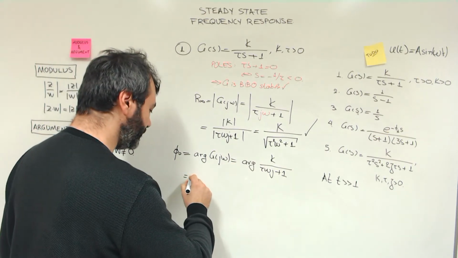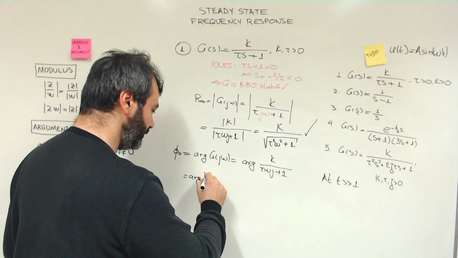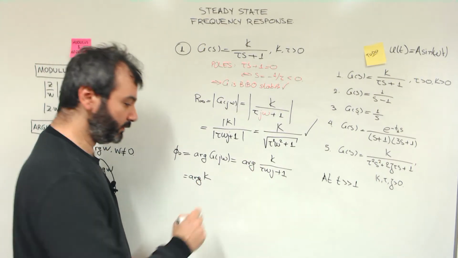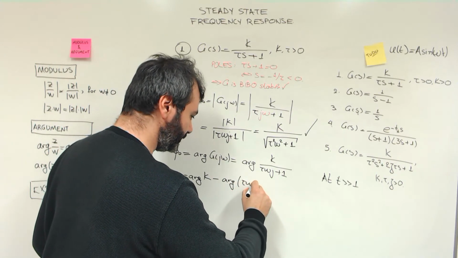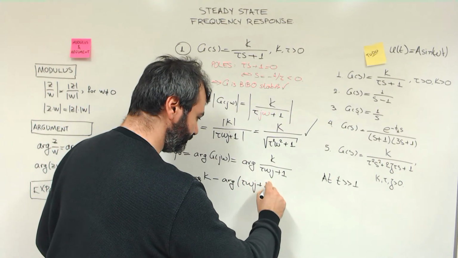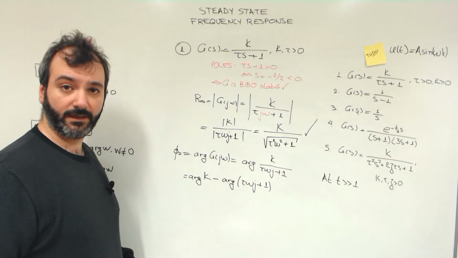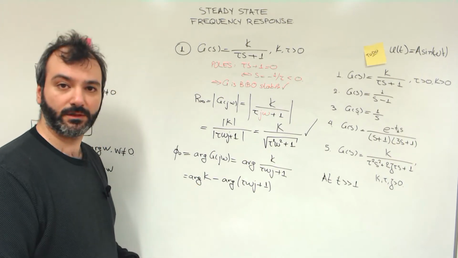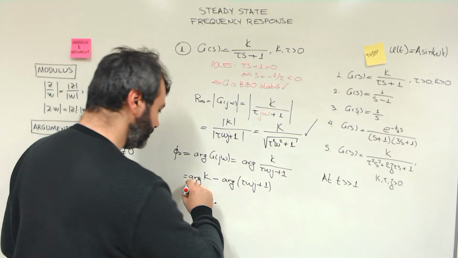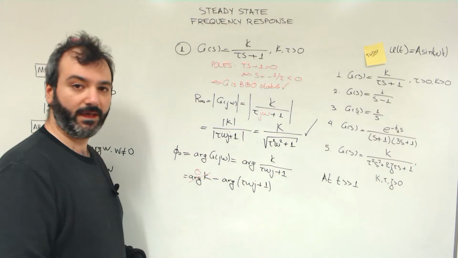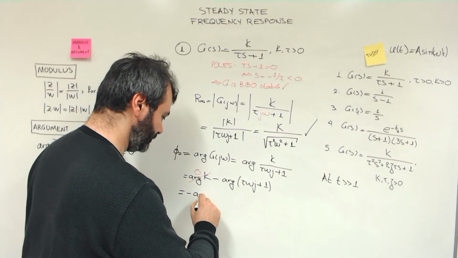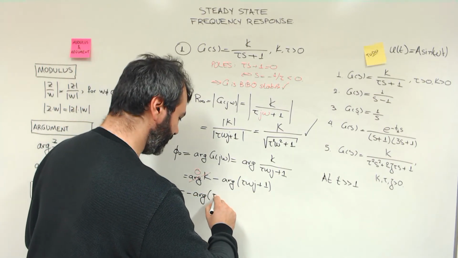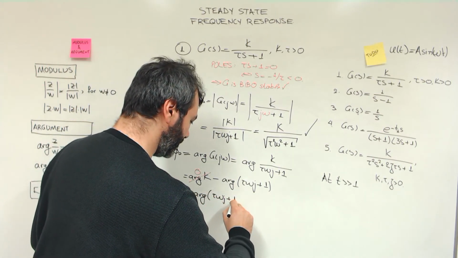So it is the argument of k, the numerator, minus the argument of the denominator. What is the argument of k? K is a real number, so the argument of k is 0. So this is minus the argument of tau omega j plus 1.